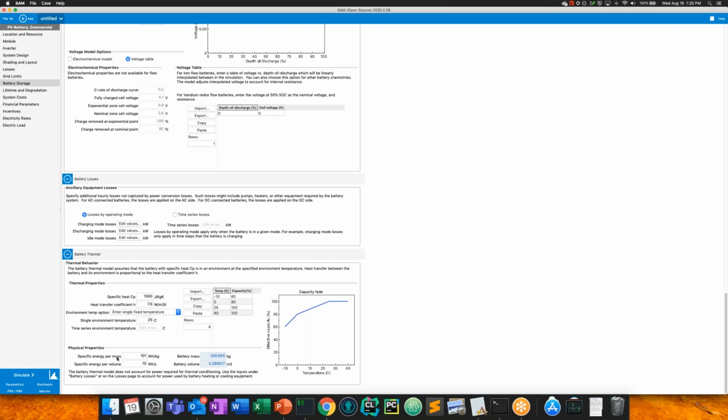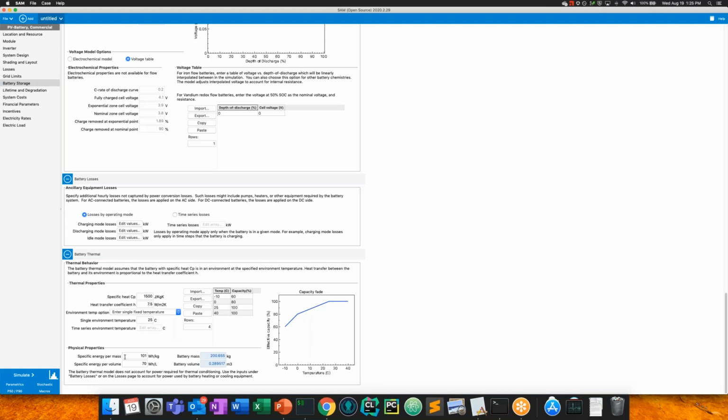Other parameters needed for the thermal model is the battery mass and the battery surface area. So these are calculated using these multipliers, the specific energy per mass and the specific energy per volume. The specific energy per mass is the ratio of the battery capacity to its mass. And similarly, the specific energy per volume is the ratio of its capacity to its volume.